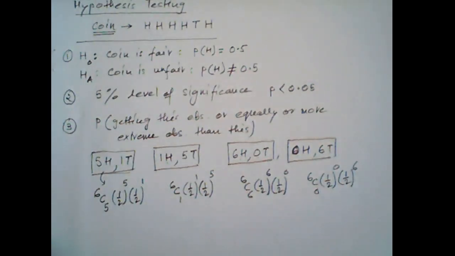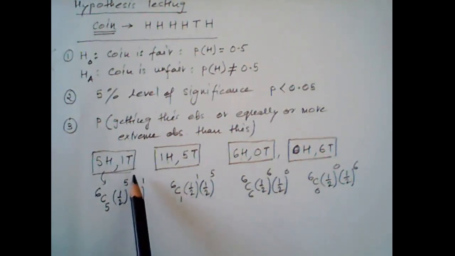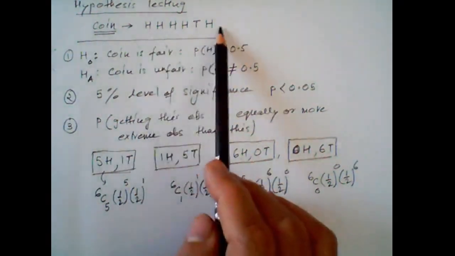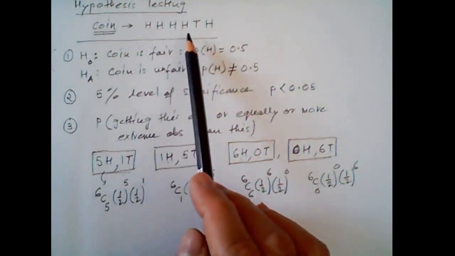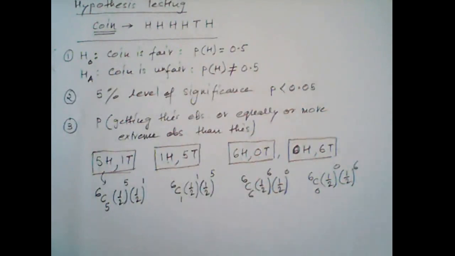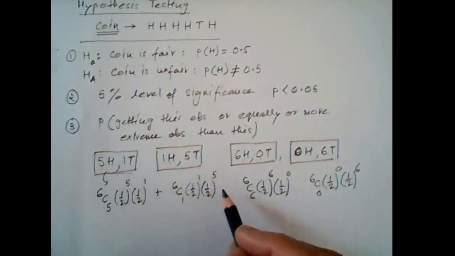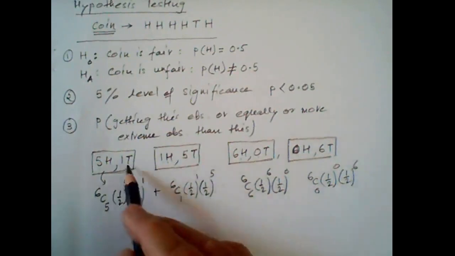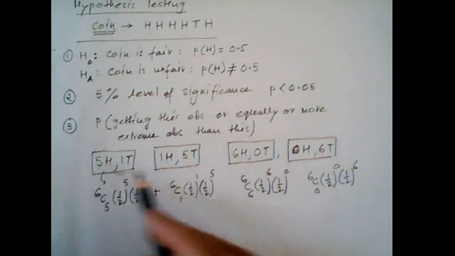Okay, fine. So let us now see what is the total probability of an extreme event like this or more extreme than that, considering that the coin is fair. And in order to compute that probability, we have to add up the individual probabilities of all of these 4 things happening.